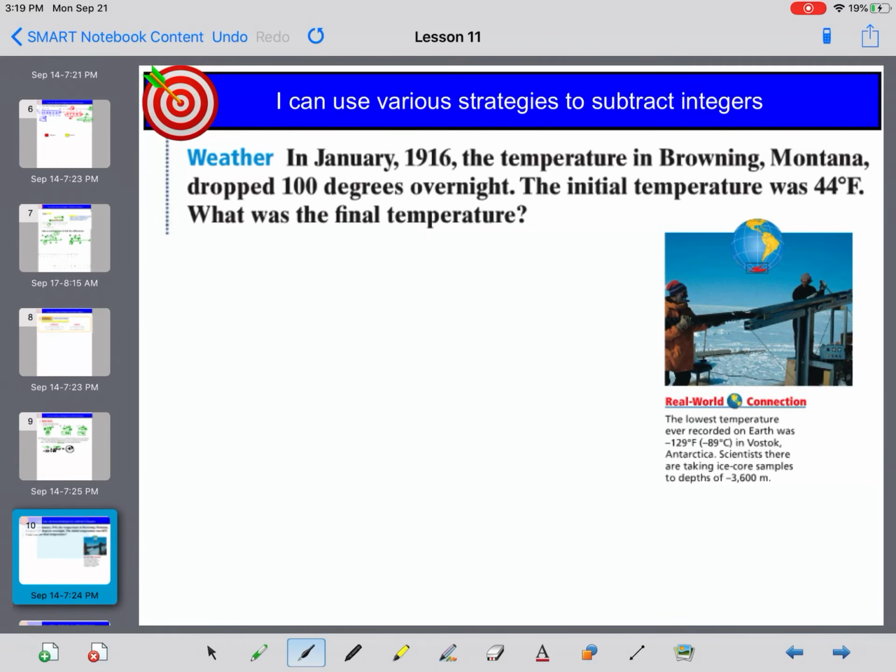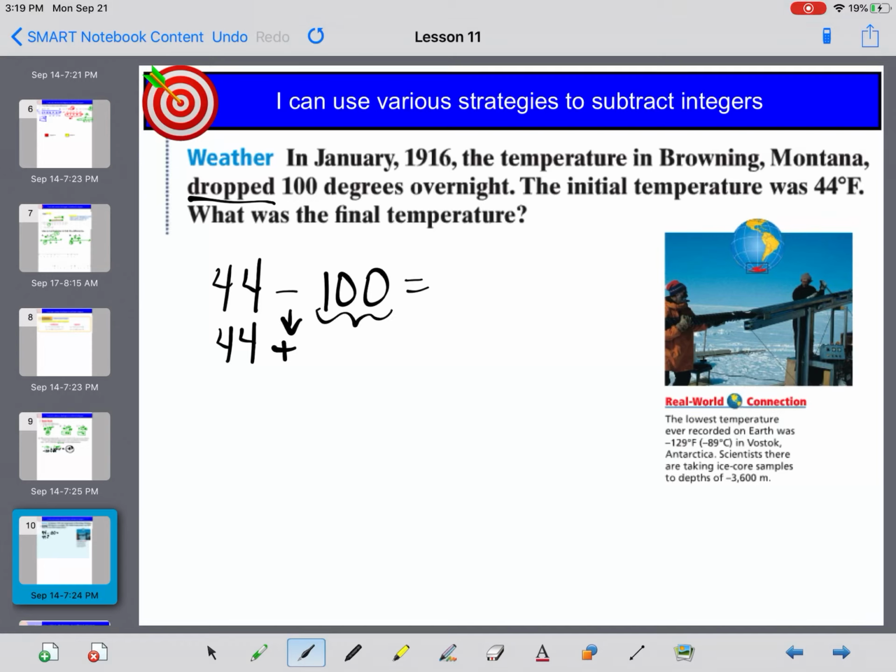All right, in January of 1916, the temperature in Browning, Montana dropped 100 degrees overnight. If it drops, that means it went down or is negative. The initial temperature was 44 degrees, and it dropped 100 degrees. What is the final temperature? Well, 44, change this to an addition, and make this the opposite of 100, which is negative 100.